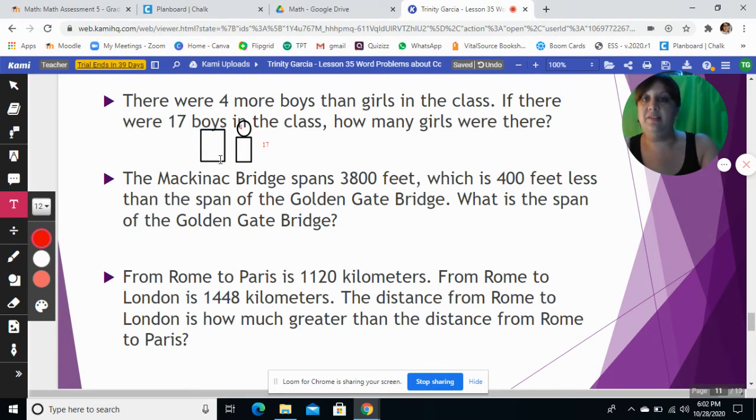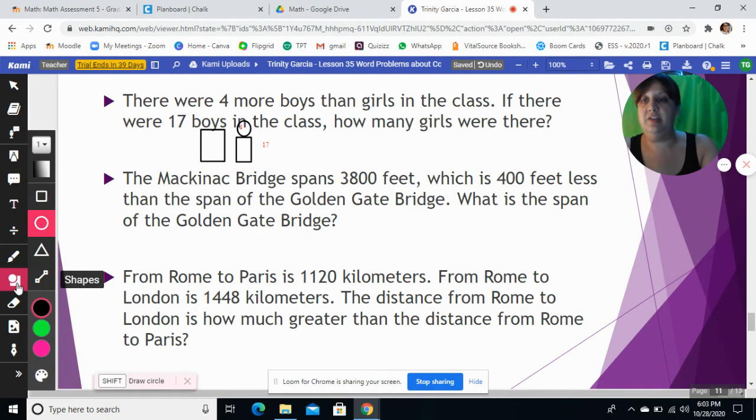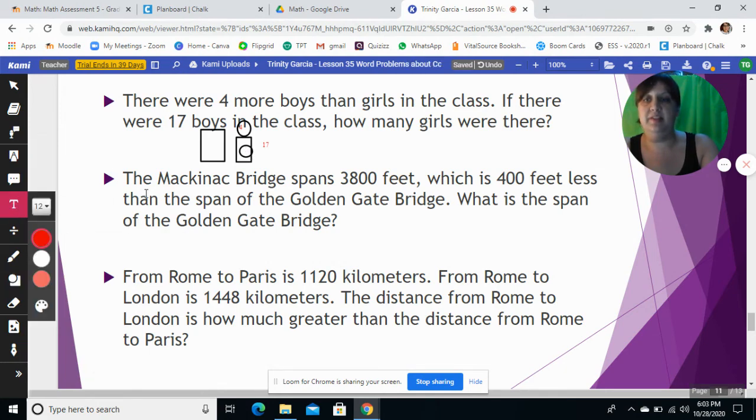Okay, and we want to figure out how many girls there are. So that's our mystery one. So let's add a circle there. And that's where we're going to put our question mark because we don't know how many girls there were. Okay, so there's our question mark inside our circle.